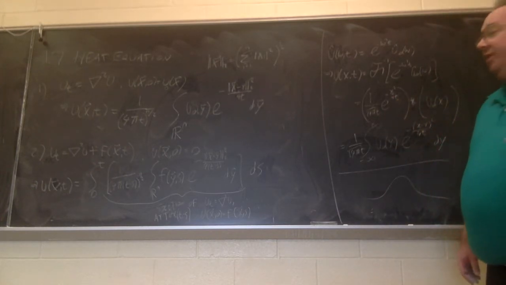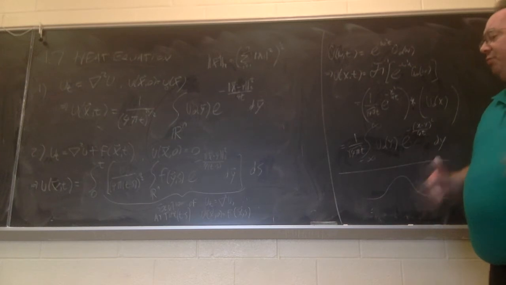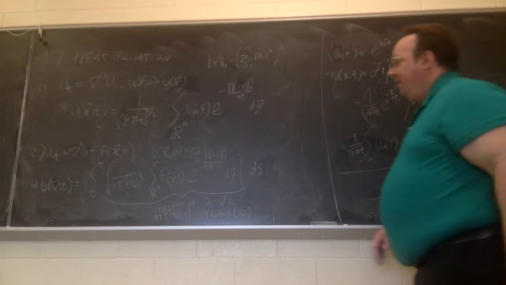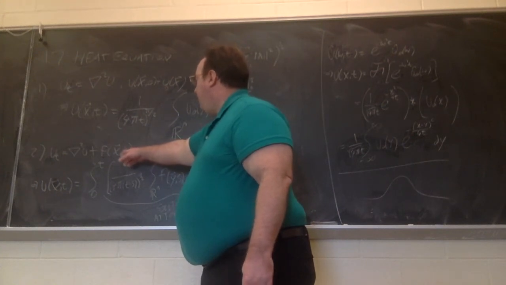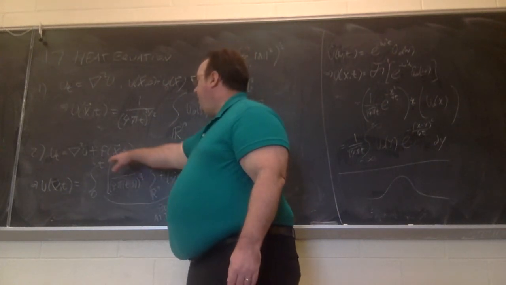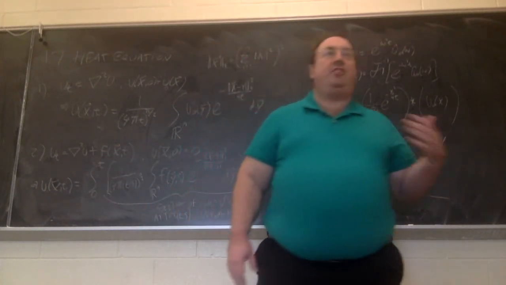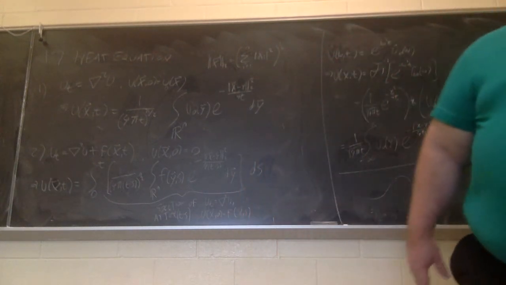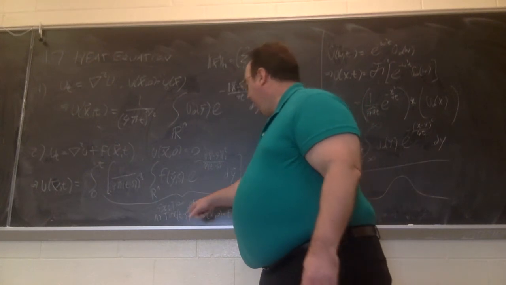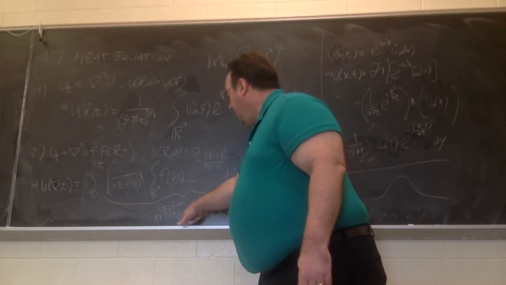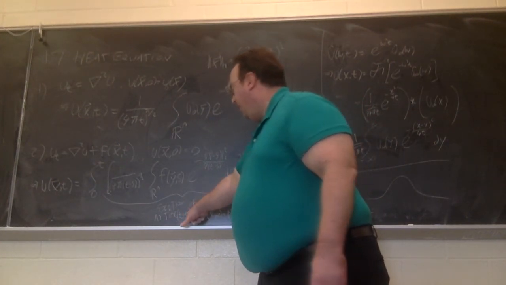So, to interpret that, think this way. At time 0, we have f of x0, that external source, the heat source, introduced. And that gets evolved to time t, because s is 0 in this case.